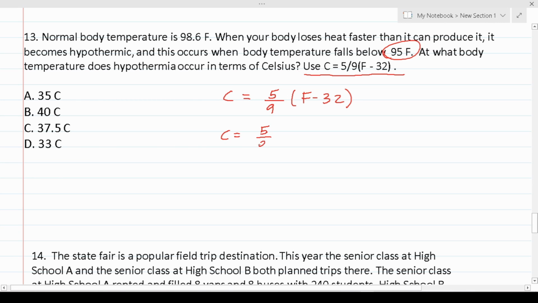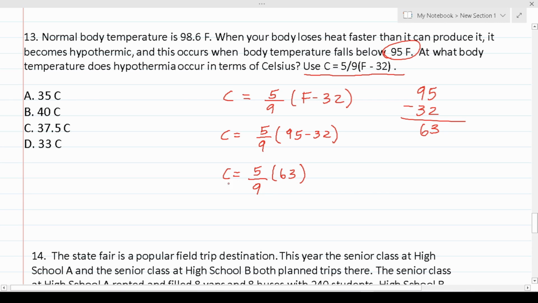So this is 5 over 9 times 95 minus 32. According to the order of operations, we do what's in parentheses first. So we're going to have to do 95 minus 32 first. 5 minus 2 is 3. 9 minus 3 is 6. So this becomes 5 over 9 times 63.